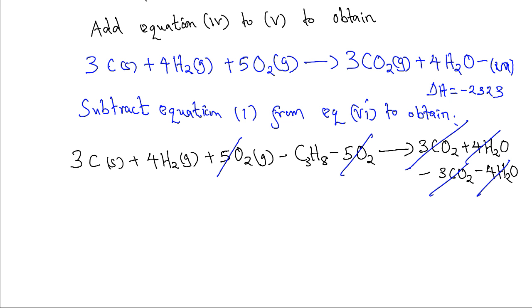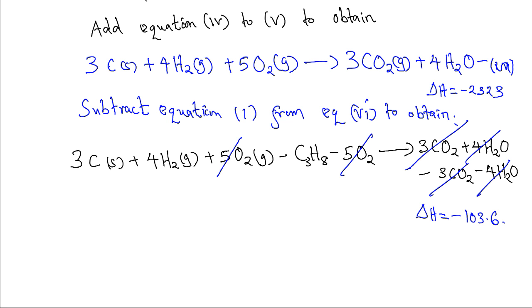So that we have the values as well will be subtracted. If you subtract well, you will get delta H is equals to minus 103.6.